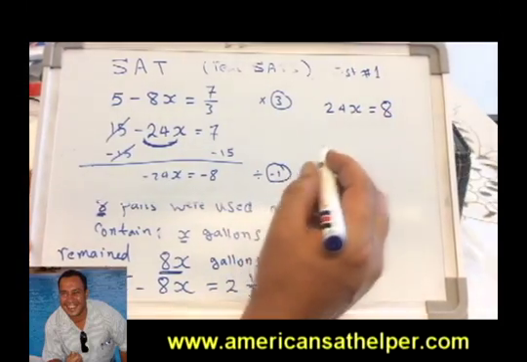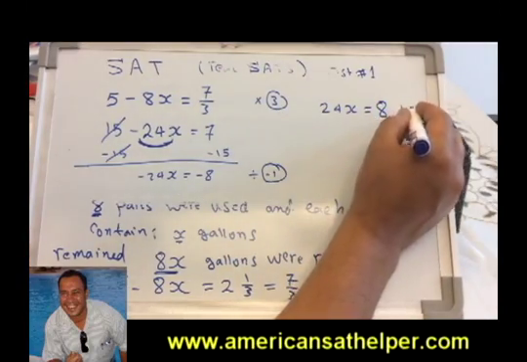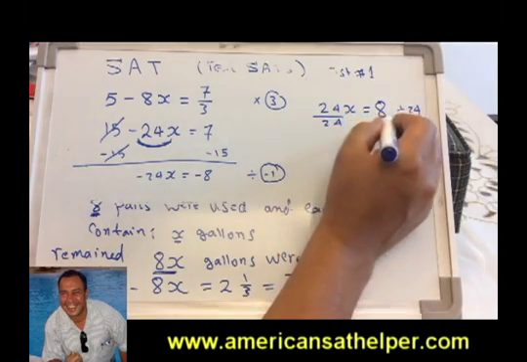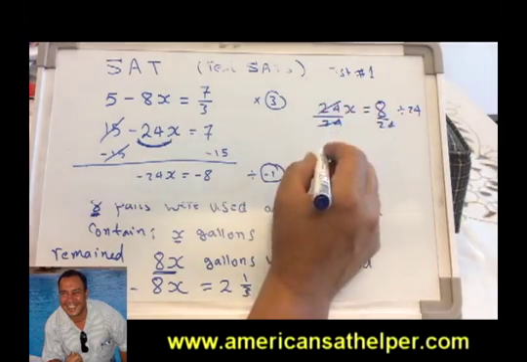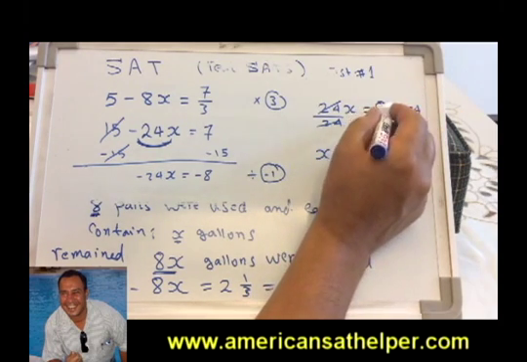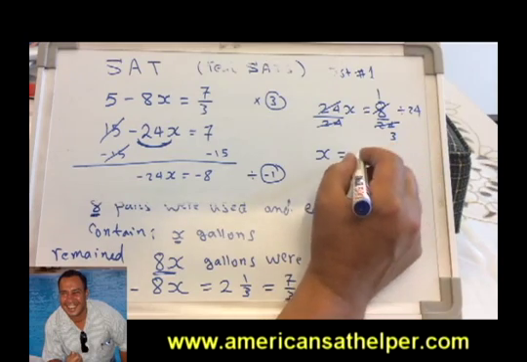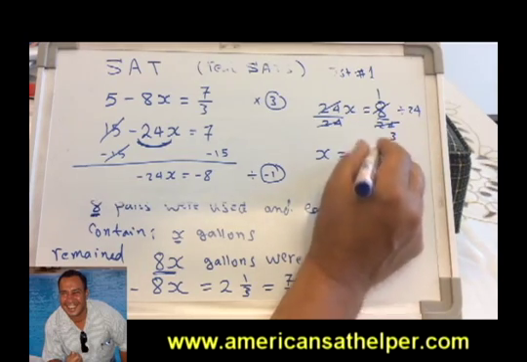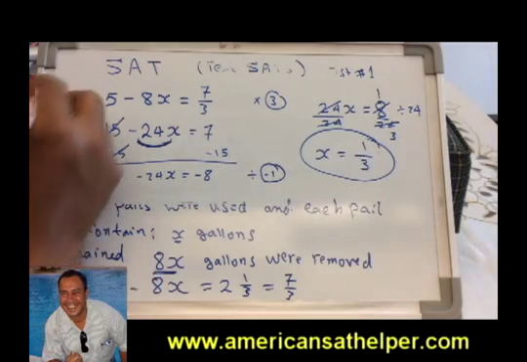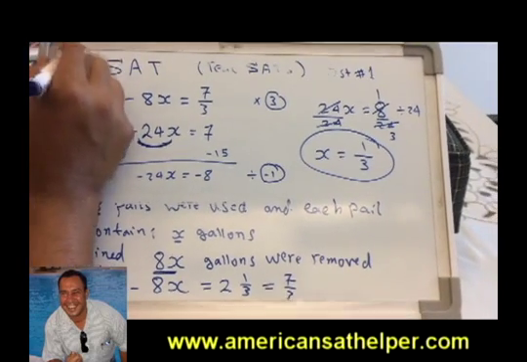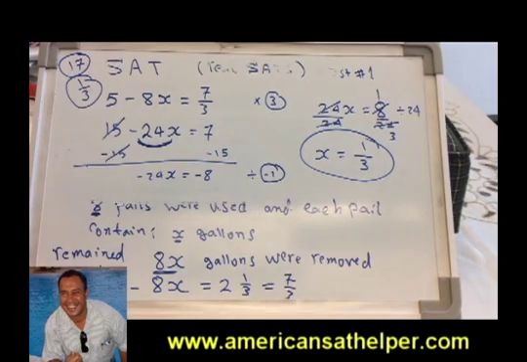Divide both sides by 24. 24 by 24, 24 cancels each other. X equals 8 over 24, 1 over 3. So the final answer will be 1/3. So the value of x will be 1/3. This is problem number 17.